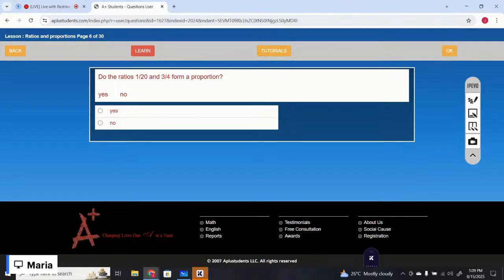Do the fractions 1 by 20 and 3 by 20 form a proportion? No, they do not form a proportion.